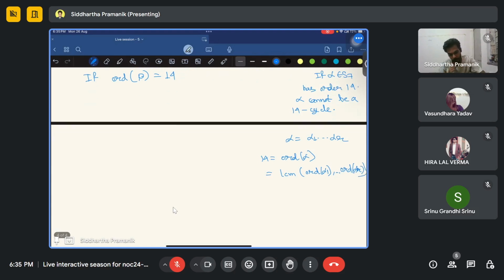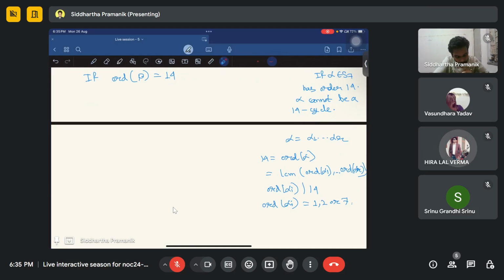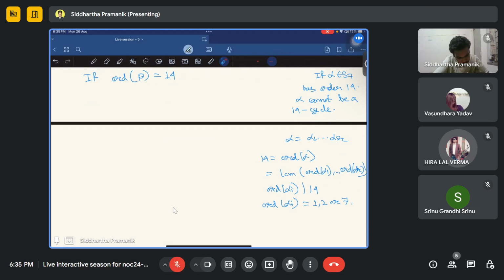So what are the possibilities of the order of alpha i's? It must divide 14, right? So the order of alpha i is 1, 2 or 7, because it cannot be 14, because it cannot have a 14 cycle.